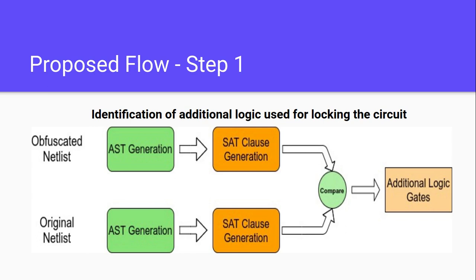This abstract syntax tree is then converted into SAT clauses. These SAT clauses are eventually compared in order to identify the additional logic locking gates inserted. These additional gates may be the flip-flops or the combinational gates inserted. I now move on to a more detailed explanation of each of these steps.